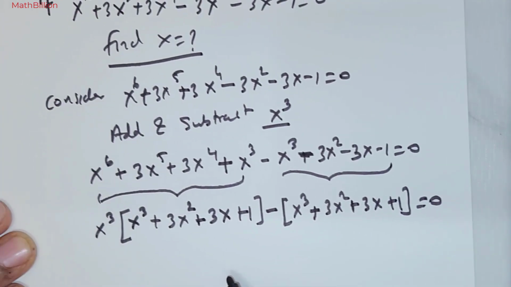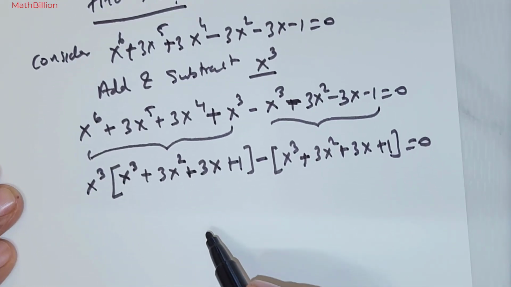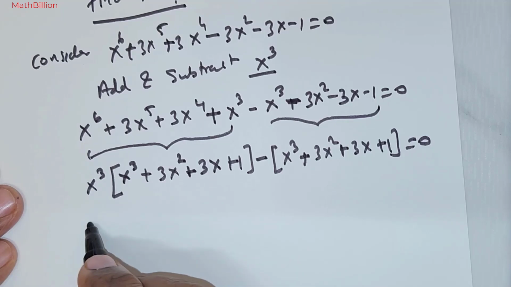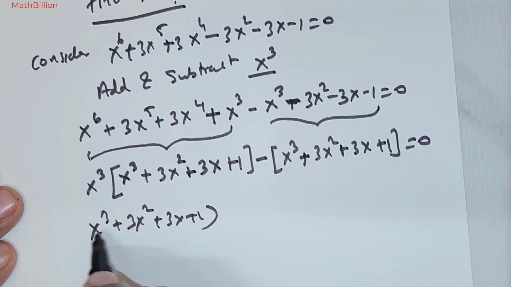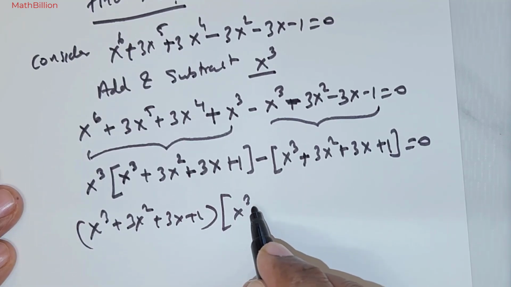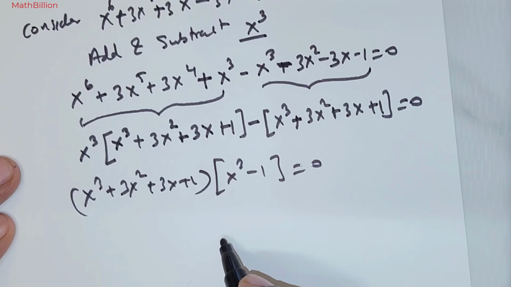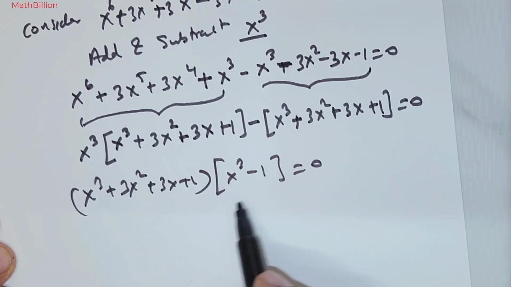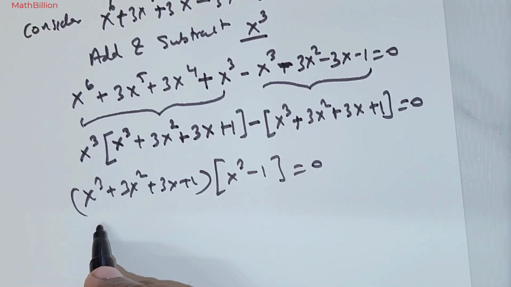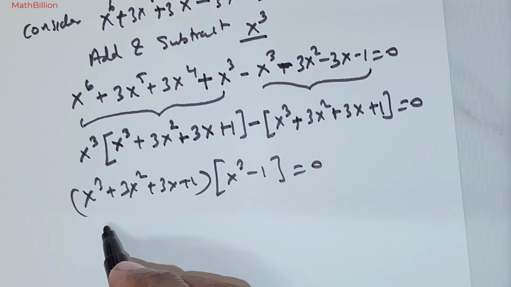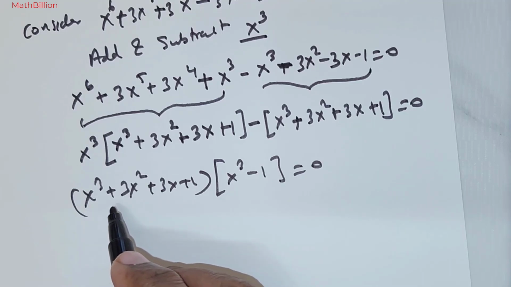Okay, now this looks fairly solvable. Now I would take x^3 + 3x^2 + 3x + 1 out. I would get x^3 - 1 = 0. Now we have to solve this. Now what I would like to do is club a few things together.